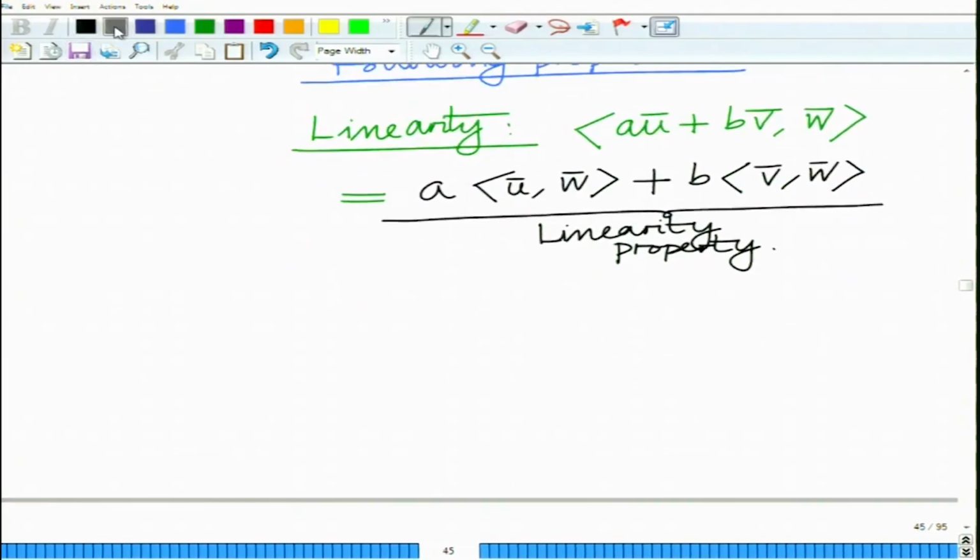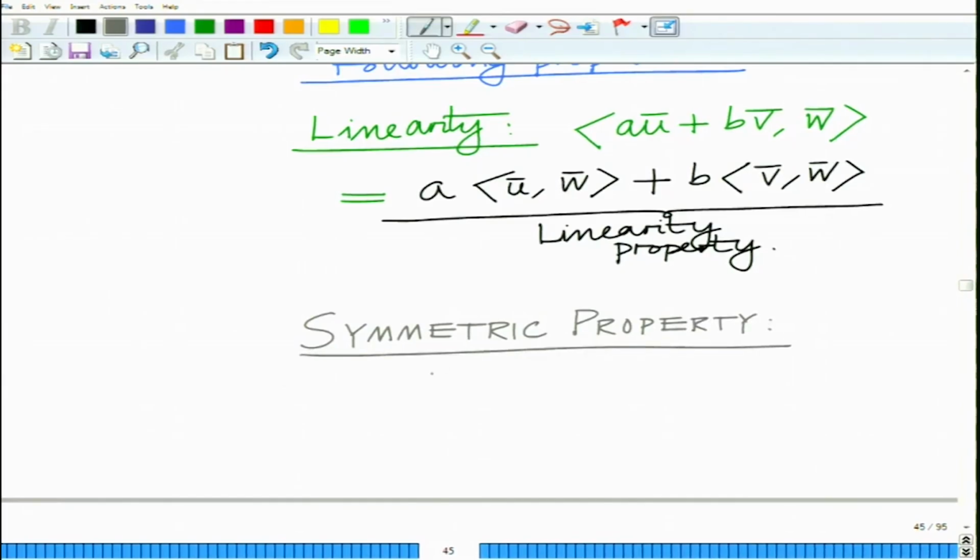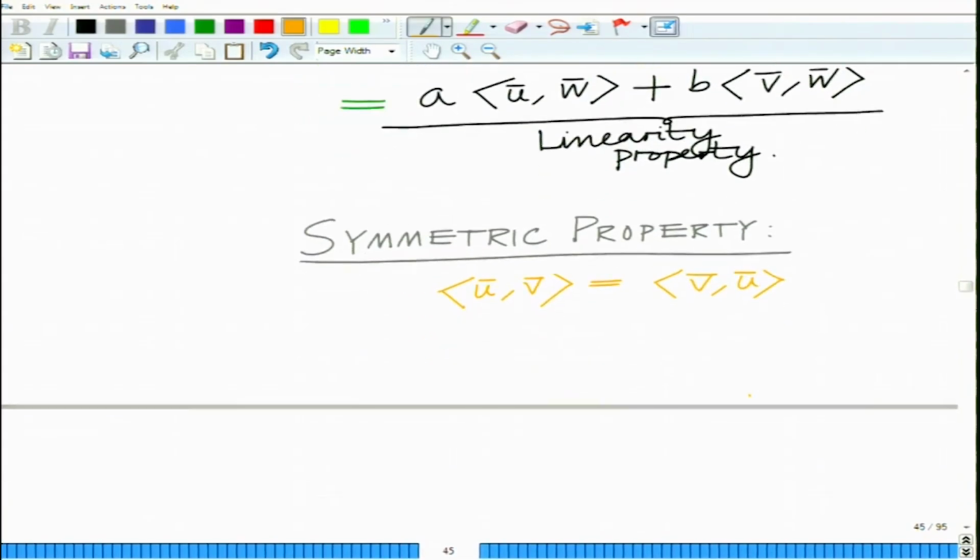Then we have the symmetric property or the symmetry, which is very simple, that is, the inner product of u bar, v bar equals the inner product of v bar comma u bar.